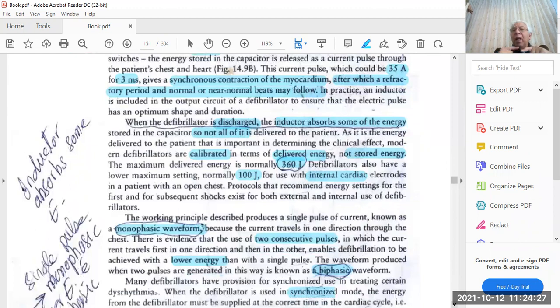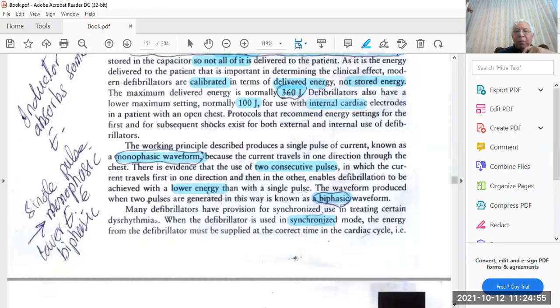Of course, most of the defibrillators nowadays are biphasic, not monophasic. With monophasic, you are first given 360 joule, 3 times. But with biphasic, the current goes and returns back, so we need half of the amount I mentioned before. Of course, it is less traumatizing to the heart. This is what we call the biphasic.